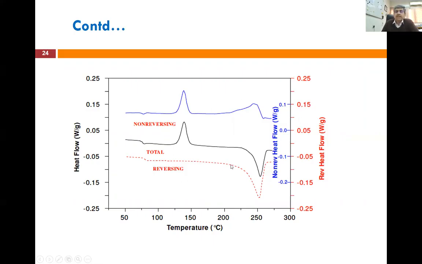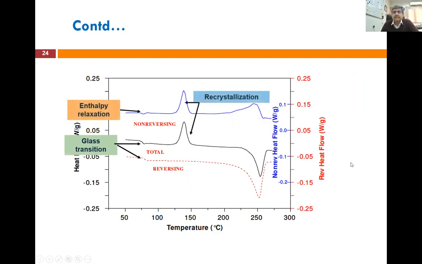This is done using an instrument called a modulated differential scanning calorimeter. Most of the DSC instruments that are supplied these days have the capacity to run the conventional DSC as well as the modulated DSC. So this was the glass transition temperature, and this was the enthalpy relaxation, as we have already discussed.